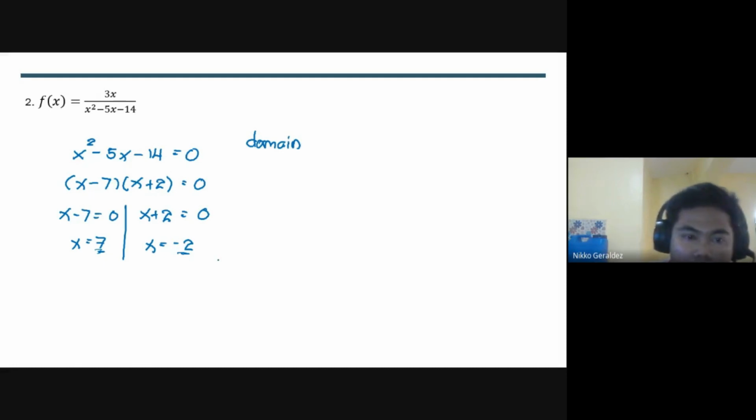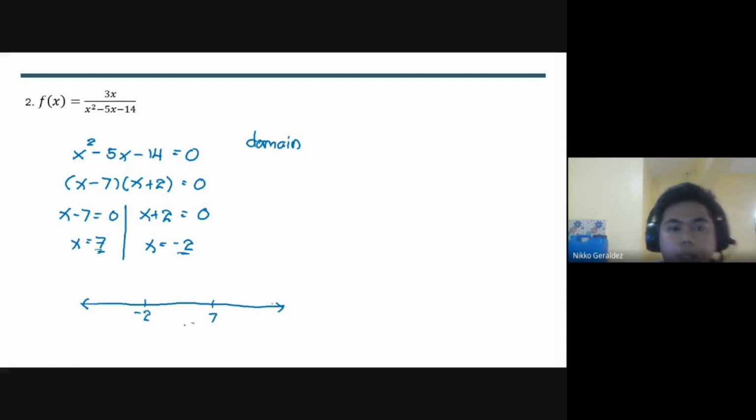So, negative 2 and 7 are not included. So, gawa ka ng number line para mas madali. So, negative 2, 7. So, kuha ka test point. Diba, negative 3. So, pag kumuha ng negative 3, so that is greater than 0. No?